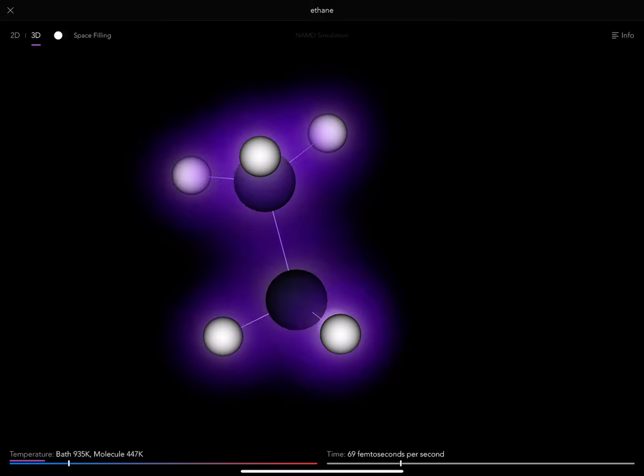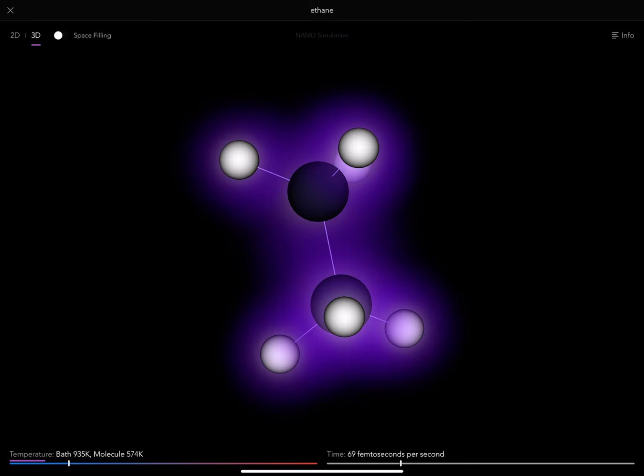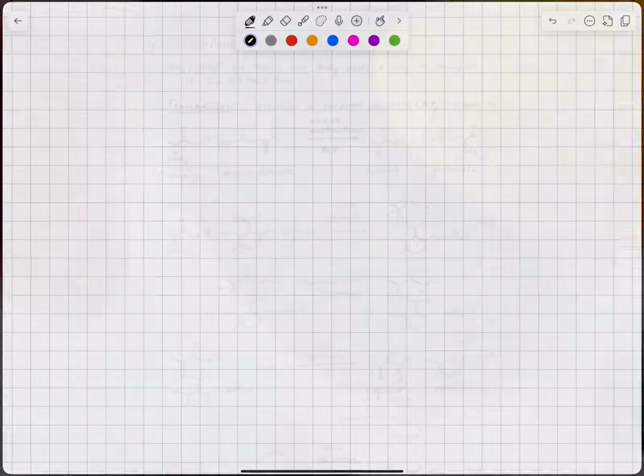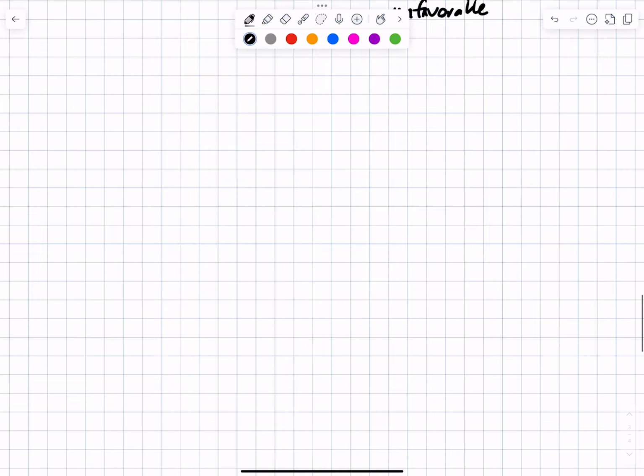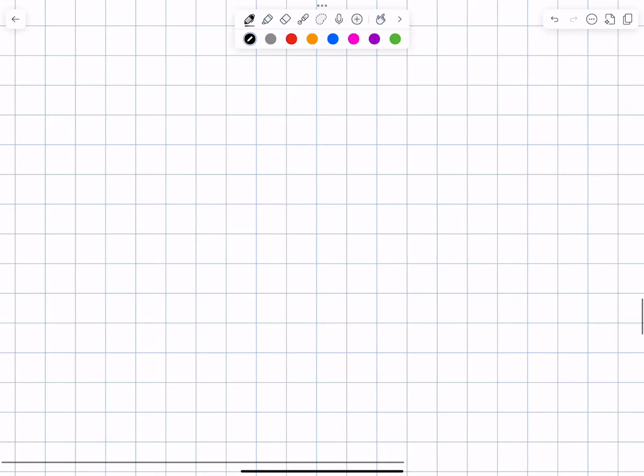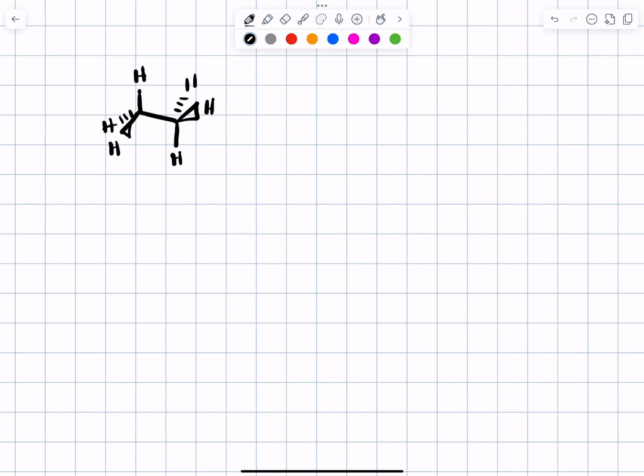Okay, now that we've got the animation, let's just develop some tools to think about conformations, just drawing them on a two-dimensional sheet of paper. So I'm going to draw ethane in a staggered conformation. So this is carbon 1 of ethane, this is carbon 2 of ethane.